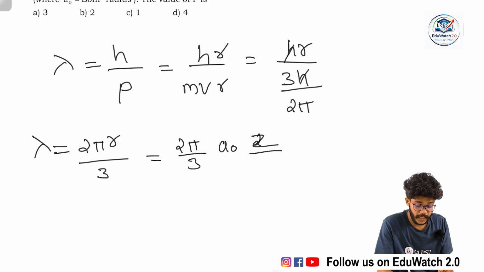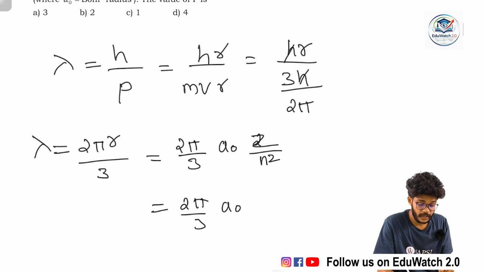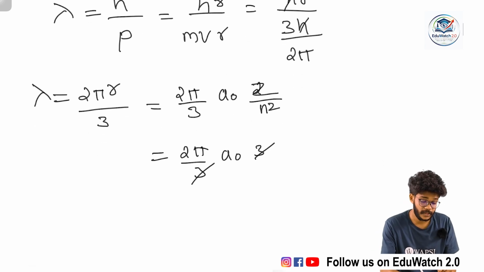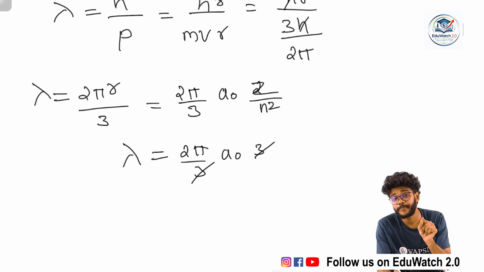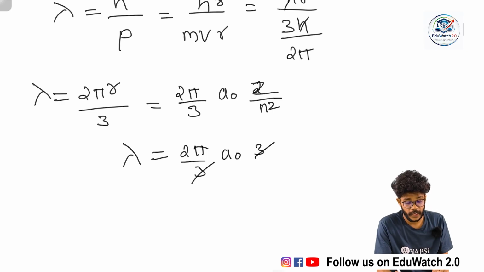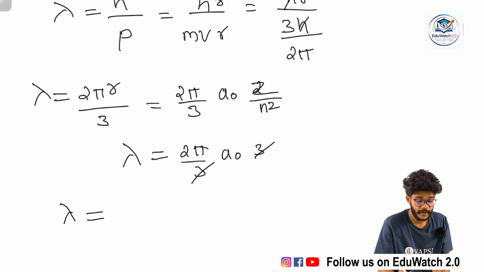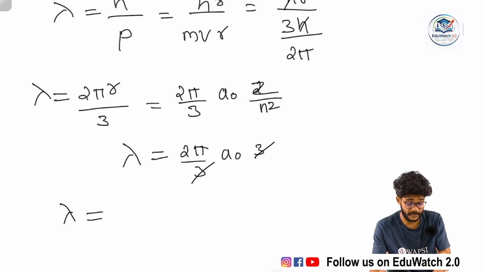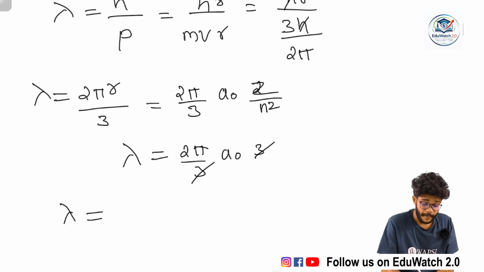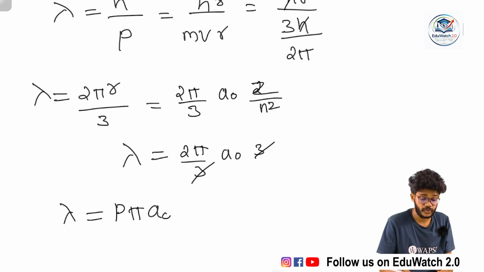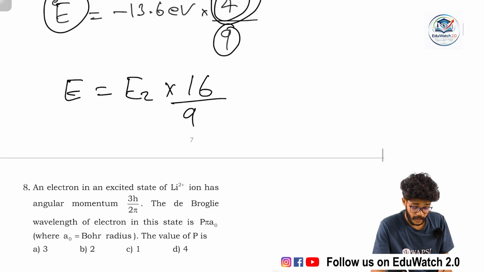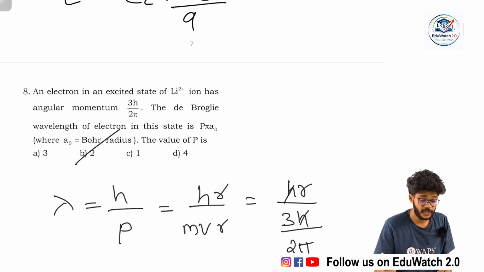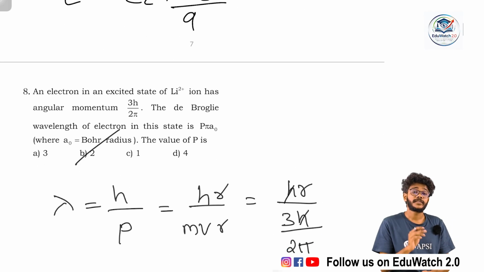So it is 2 pi by 3 into a0 by 3. The 3 and 3 can be cancelled, and 2 pi a0 is the lambda. So what is p? p is 2, because the standard given expression for the lambda is p pi a0. So p is 2. Option B is the correct answer, 2.